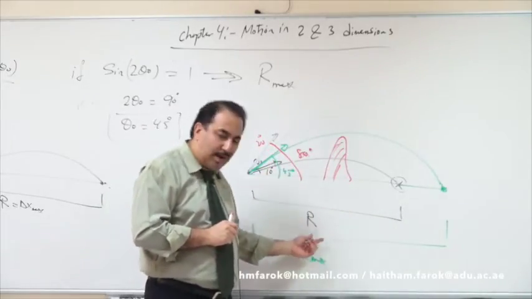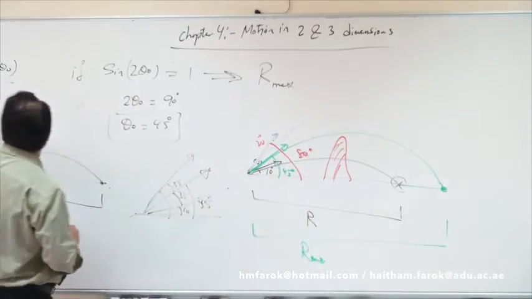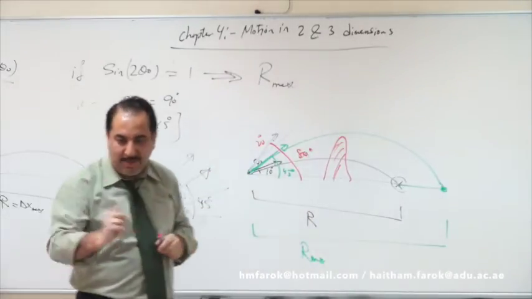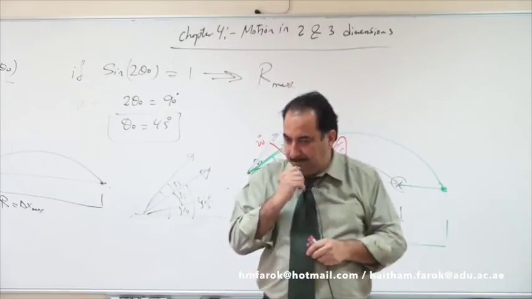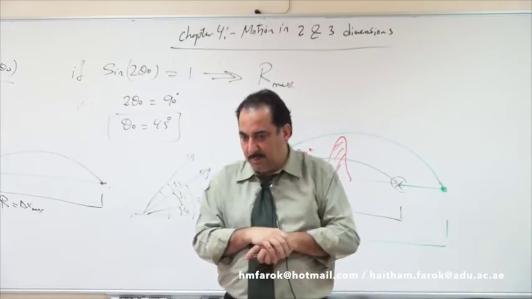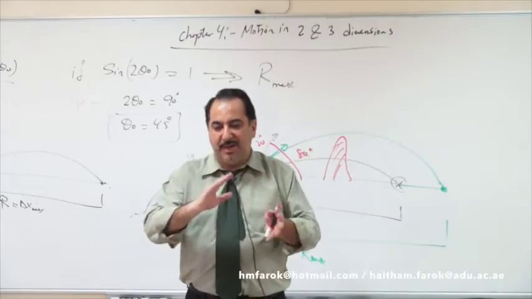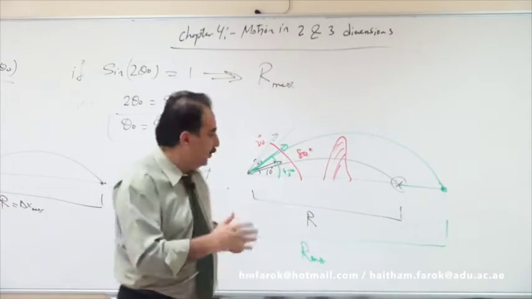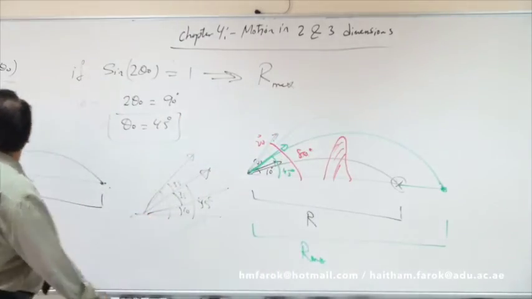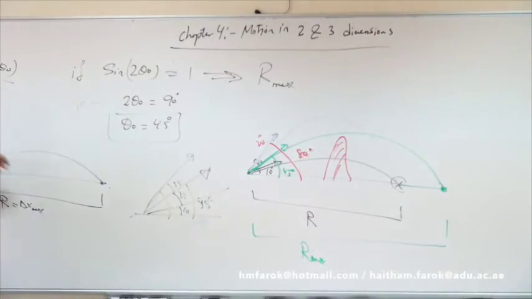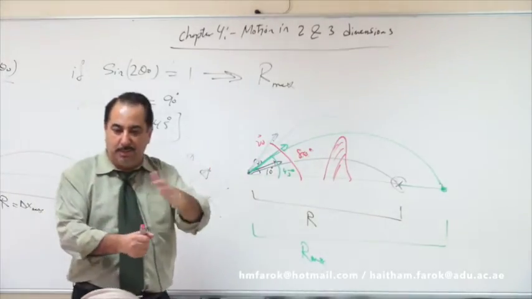No, don't talk about R. Talk about V naught and theta naught. You fix one of them. No, don't compare V naught and theta. We just want to know what's the effect of these two on R. So you do them one by one, not both.